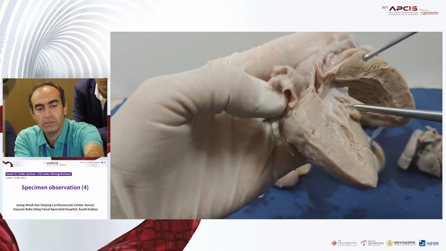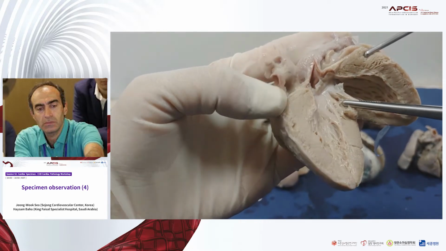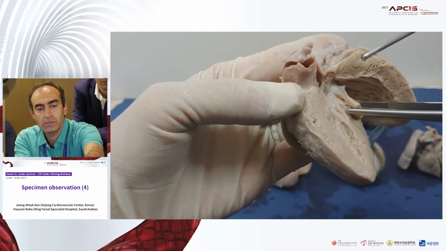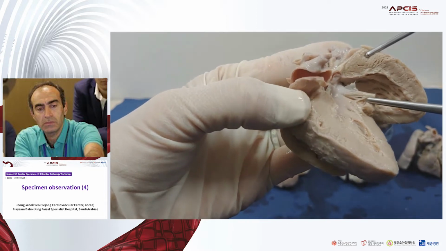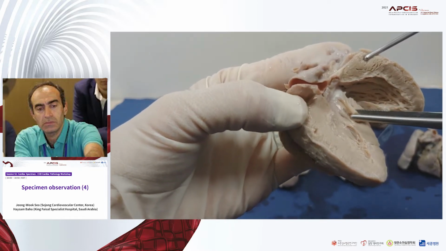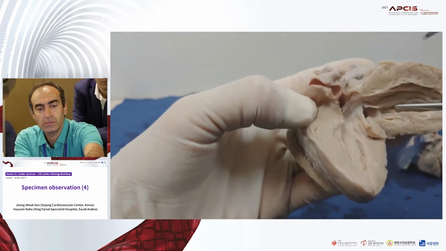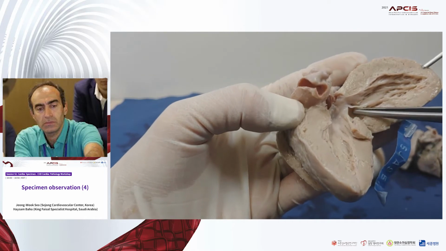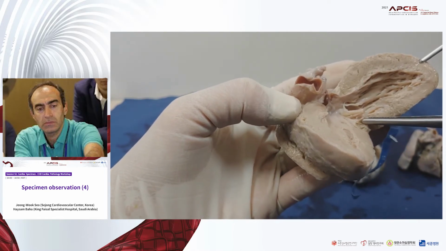Now look at this mitral valve. The mitral valve is smaller than expected to the size of the left ventricle. If you look at the LV, either the left ventricle is dilated or the mitral valve is small, or both. And if we look at the attachment of these mitral valves, we see that the attachments are shortened and abnormal. And this is, in fact, a parachute mitral valve. As you can see, it looks like a parachute that is tethered by two sets of attachments that are very close to each other.